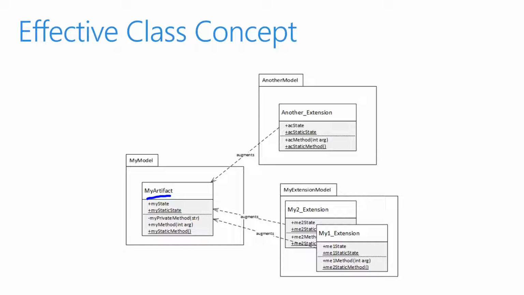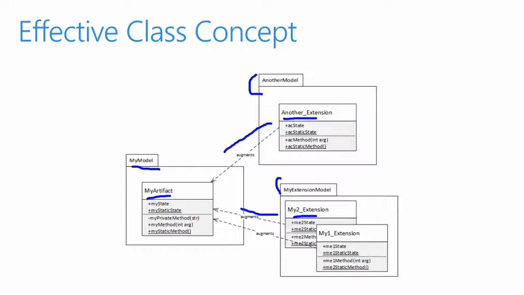This is defined in the base model called myModel, and it's dependent on two models that have extension classes for myArtifact. So here we have our two extension classes, my2Extension and anotherExtension, which are in two different models, anotherModel and myExtension model.